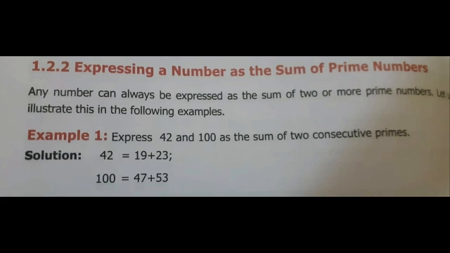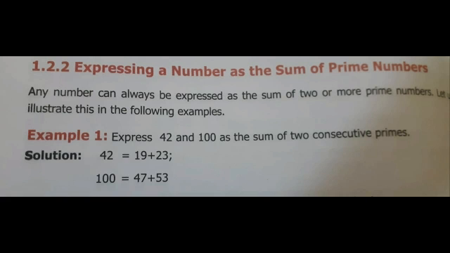Yes, my dear students. The next topic is expressing a number as a sum of prime numbers. We will see an example. Express 42 and 100 as the sum of 2 consecutive prime numbers.